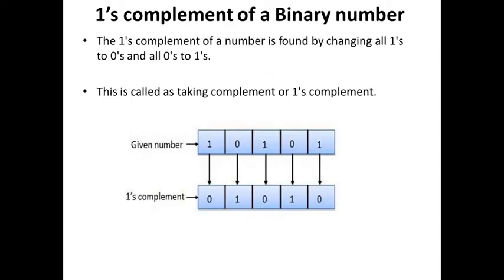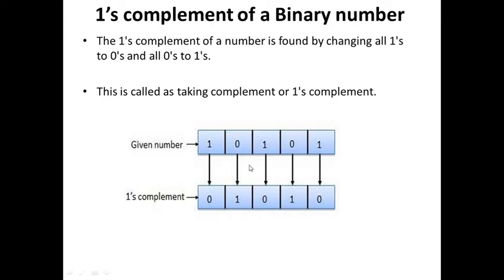Next, we'll do something called as first complement, or it is also called as ones complement of a binary number. The ones complement of a number is found by changing all ones to zeros and all zeros to ones. That is called as taking the complement or taking the ones complement or a first complement.